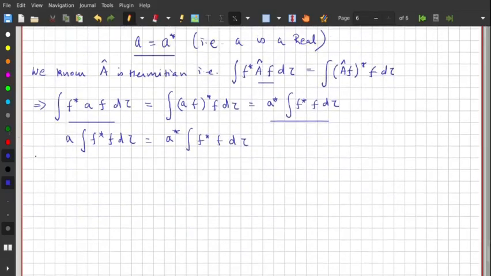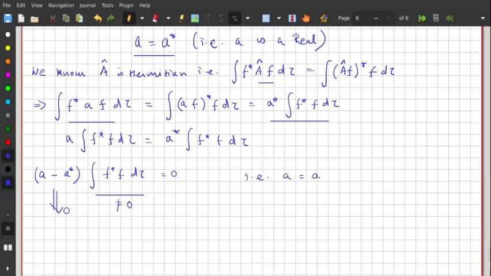So that means (a minus a star) times the integral of f star f d tau equals 0. In general, the integral is not equal to 0, we'll see later why. So the factor (a minus a star) has to be equal to 0. That is, a equals a star.